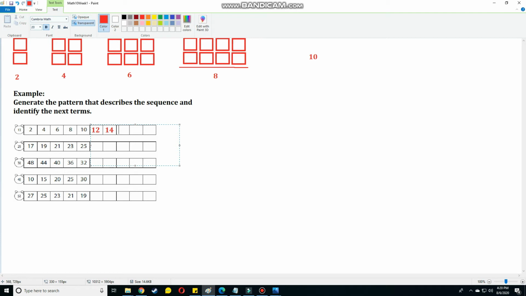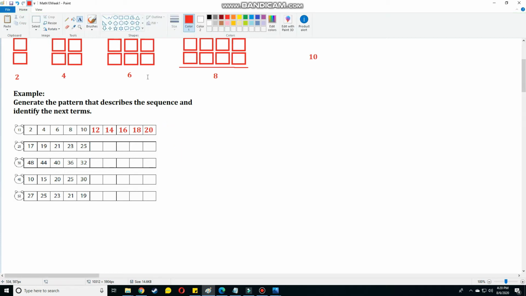So we say 2 plus 2, we have 4, plus 2, we have 6, plus 2, we have 8, plus 2, we have 10, plus 2, we have 12, and so on. 14 plus 2, we have 16, 16 plus 2, we have 18, and 18 plus 2, we have 20. It's very important for us to have our observation. It's crucial. If we have a good observation of the pattern, then we could easily fill in the missing or the next terms.